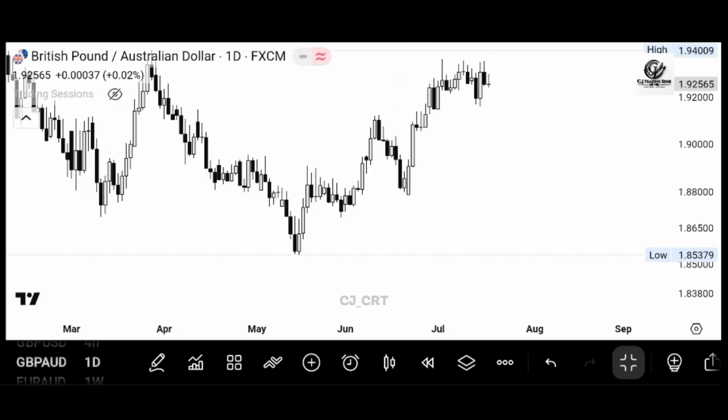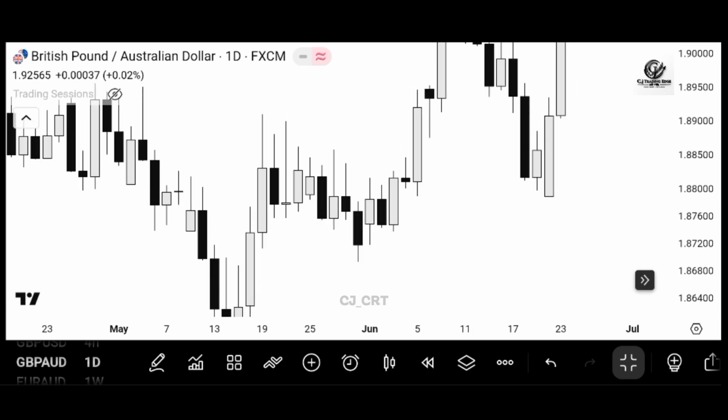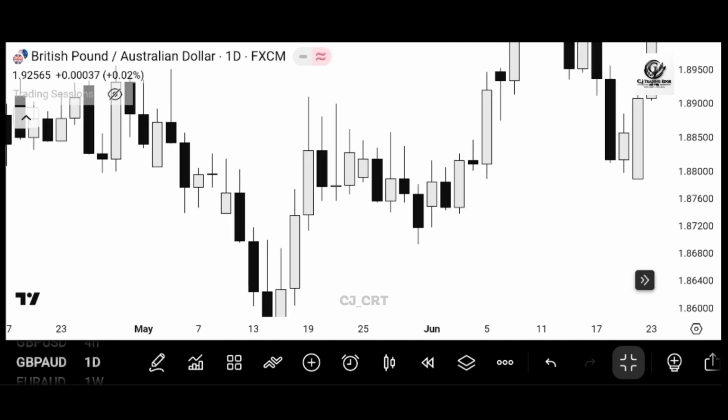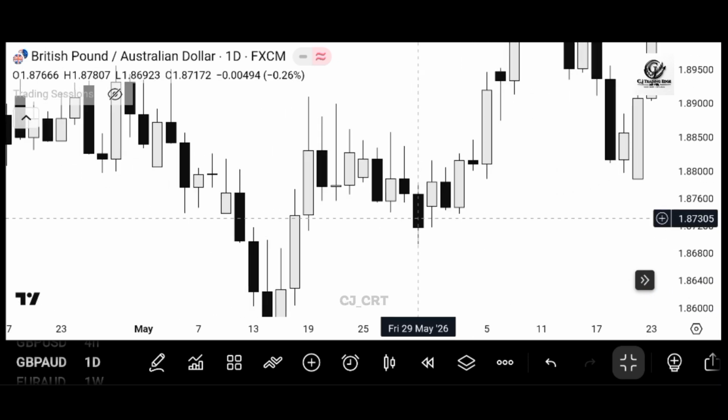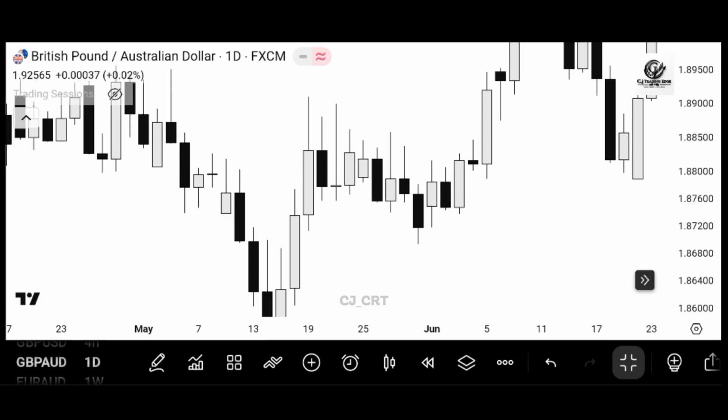Now, I want to use this particular candle as an example. This particular one. Now, first let me mark out the high and the low.